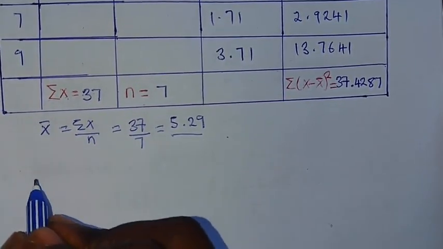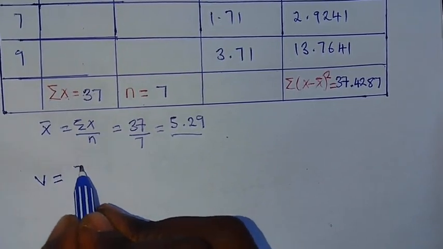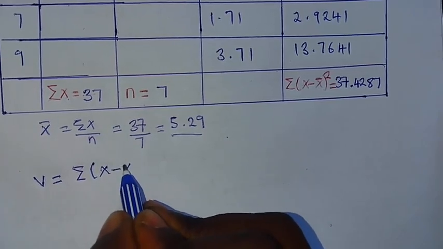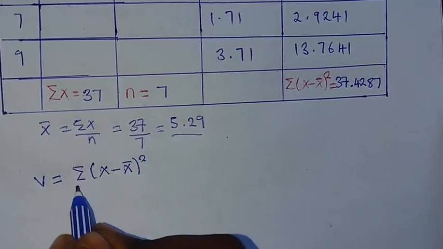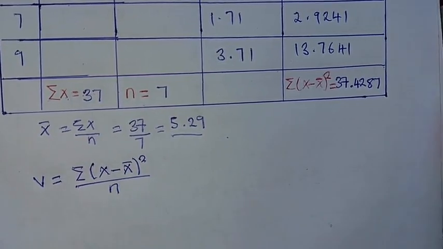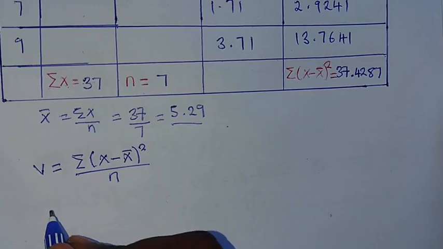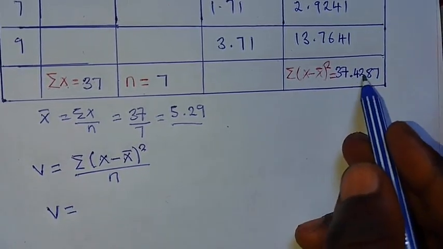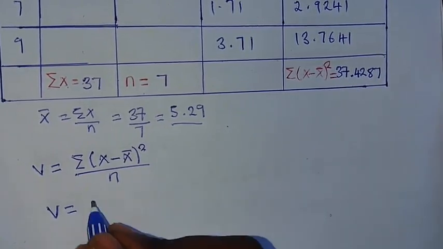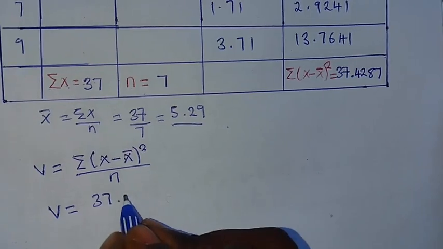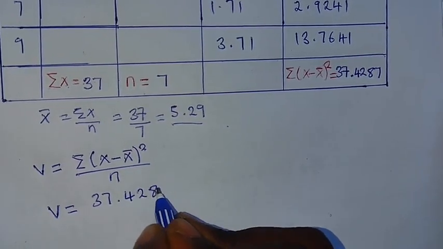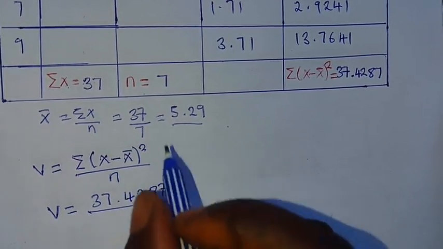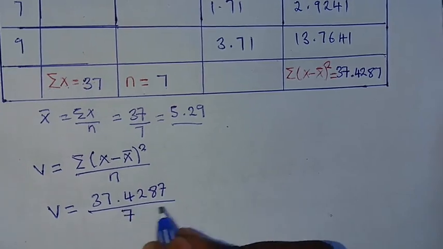So we need to find the variance. The variance, we said the formula is summation of x minus mean squared over n. So just look at the table, variance equal to summation of this, which is this one right here. You get this value, 37.4287 over n, it's 7 over n.